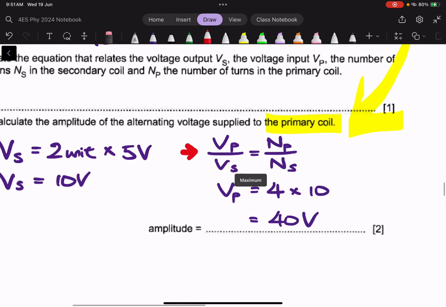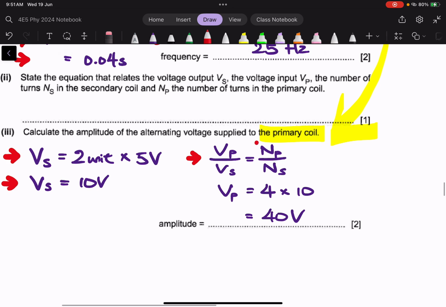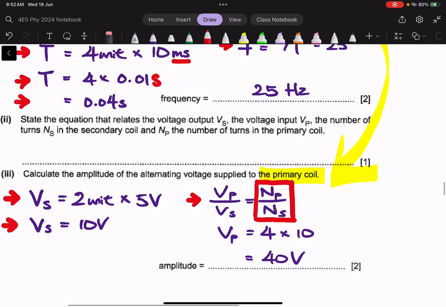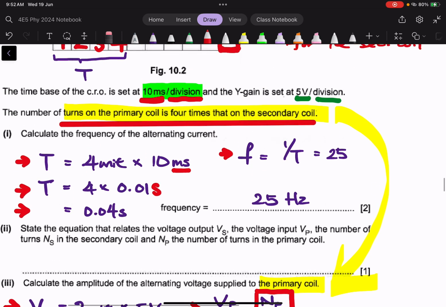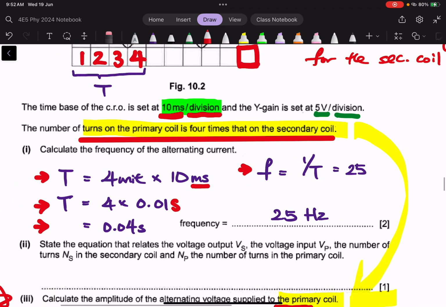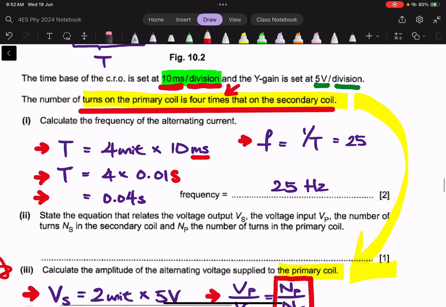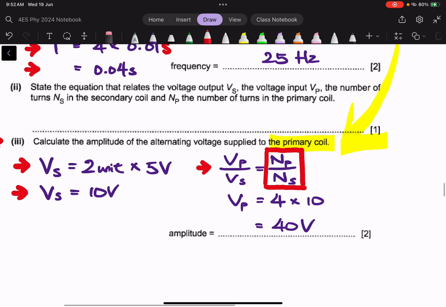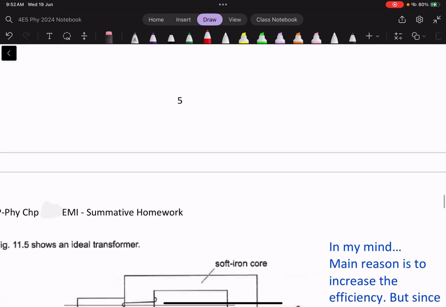Then you can turn this into a ratio, NP over NS. Although you do not know the exact number of turns, you know that it is 4 times. So if I know that it is 4 times, then I can just turn this NP over NS into a ratio, and that's how I get the answer.